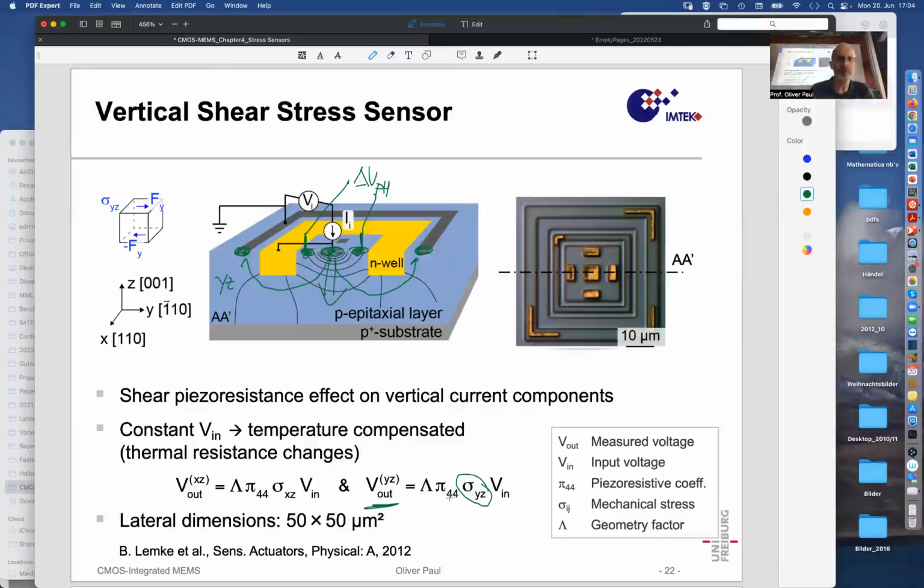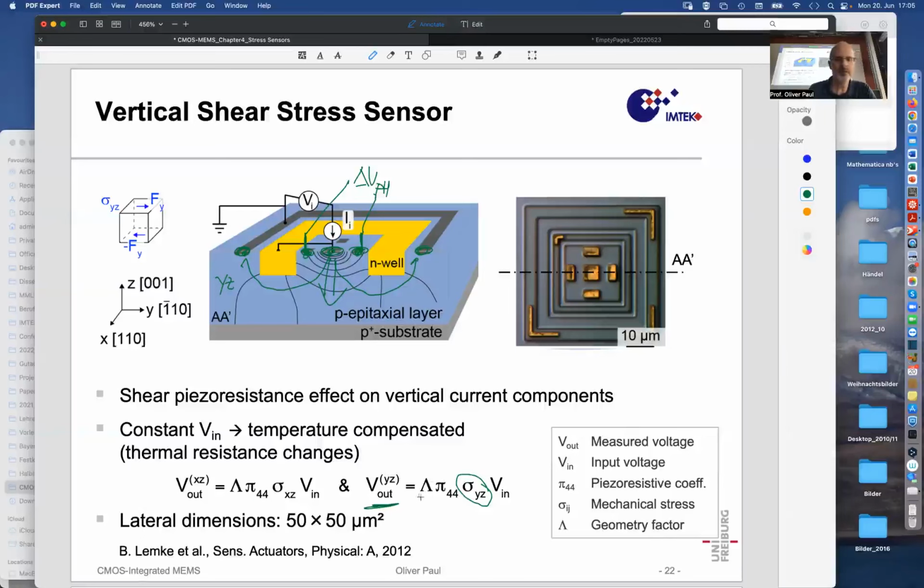It may be calculated, and since this is a p epitaxial layer, it may be that actually the pi44 is actually large. If this is a 100 plane.